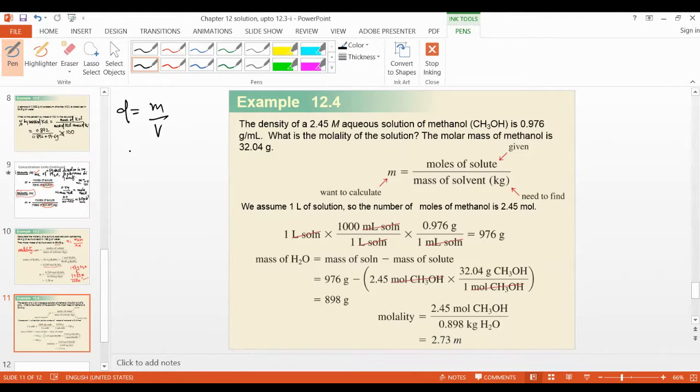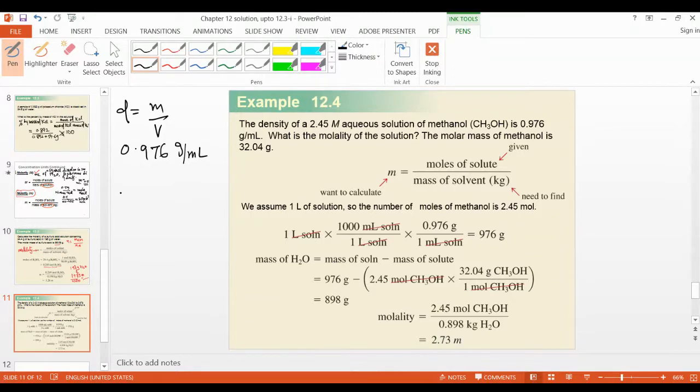Suppose this density is given here as 0.976 gram per milliliter. It means that in 1 milliliter of the solution, 0.976 gram of the solute is present. That is their density, right?